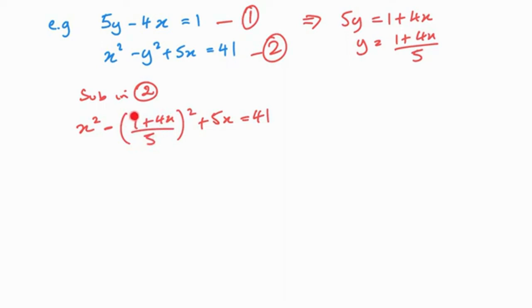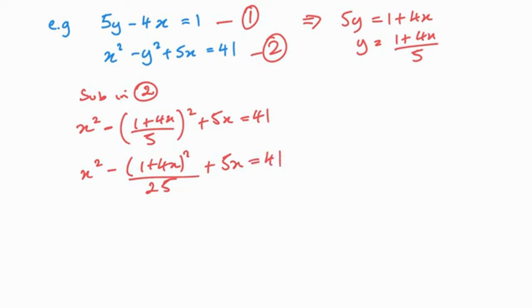I can split it up to 1/5 plus 4/5 x and then do my expanding, or I can square the top and square the bottom and then expand my top. Okay, which is the way I'm probably going to do it here. So let's go x squared minus that (1 plus 4x) squared over 25 plus 5x equals 41.